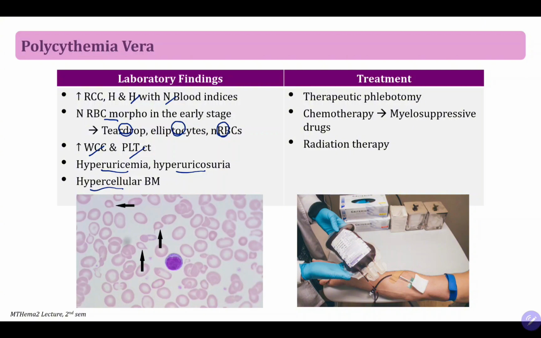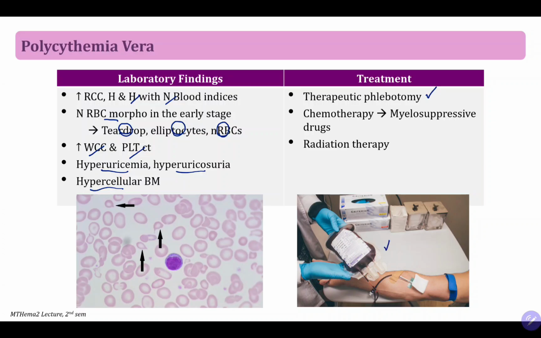Now, the treatment for polycythemia vera, the main choice of treatment is usually your therapeutic phlebotomy. This is the removal of whole blood from the patient itself. So, it is similar with how you usually donate blood during blood donation. Okay, ganito pa din siya.